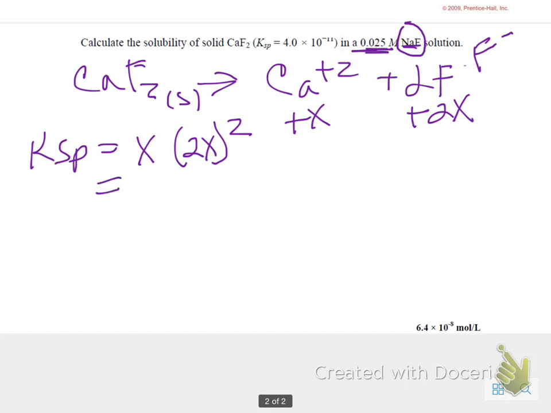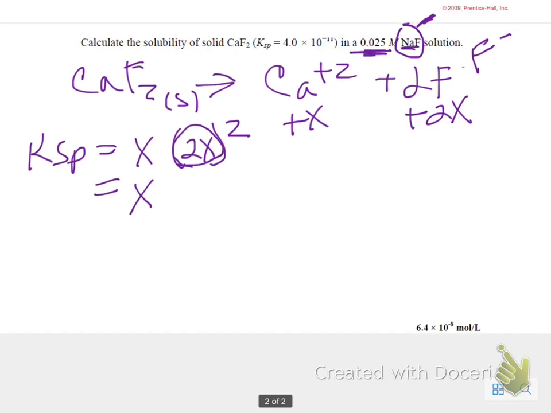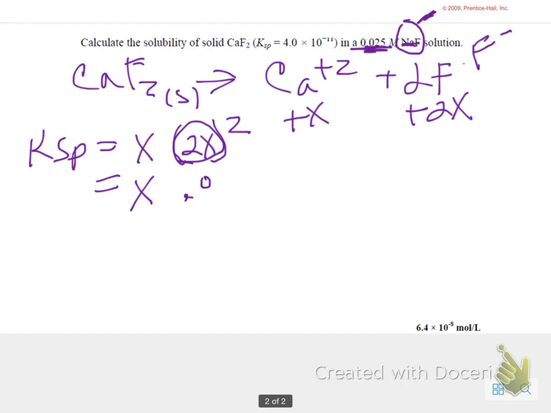Now, if I am adding a soluble salt that's going to completely ionize, my calcium is going to be concentration of X, but my fluoride concentration is going to be exactly the same as the concentration that I added of the sodium fluoride. So that's going to be 0.025 squared. And all of that is going to equal my KSP, which is 4 times 10 to the minus 11.